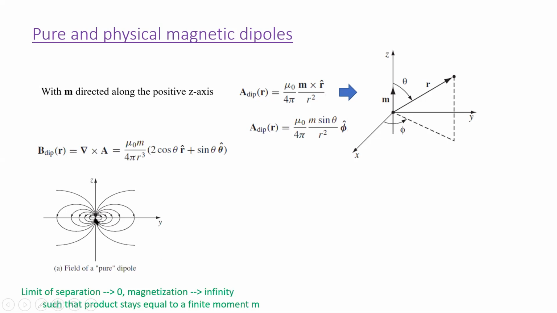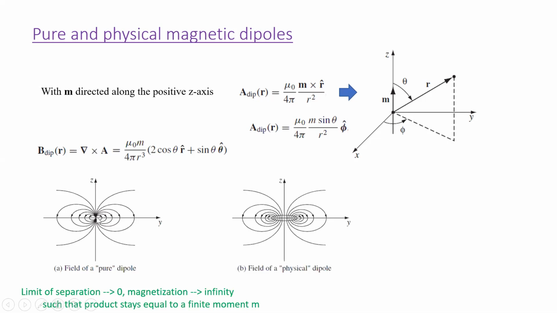Another way is to think of a ring of current and letting the size of the ring go to 0 while the current goes to infinity in such a way that the product stays equal to a finite magnetic moment m here. So it's a limiting procedure, which is never quite realized physically, but we can approach this field.